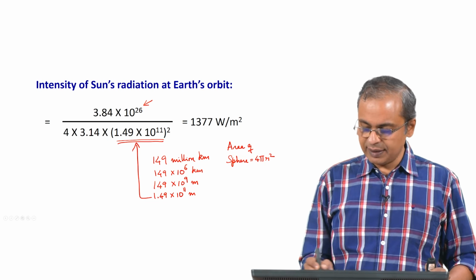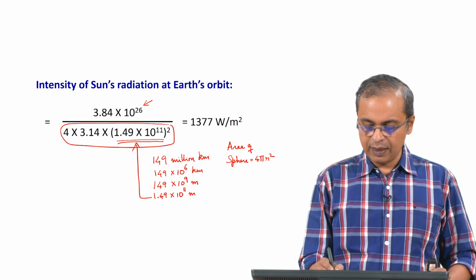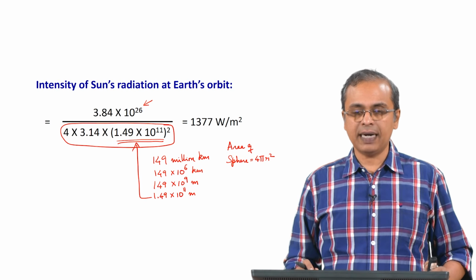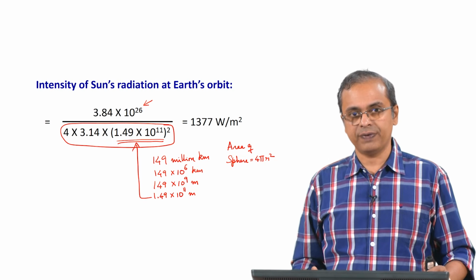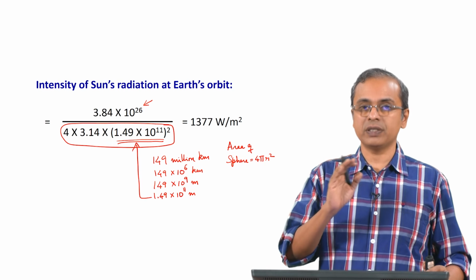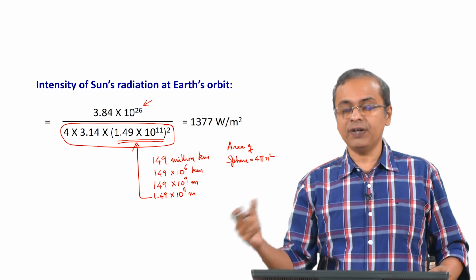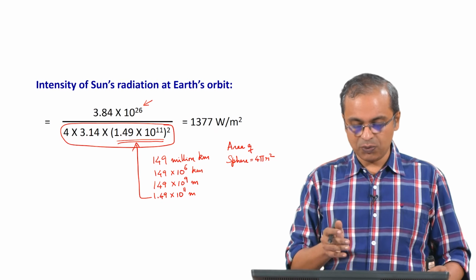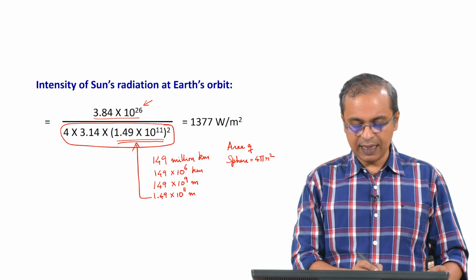So, the denominator is the area of that sphere, the sphere corresponding to Earth's orbit. If you have a large sphere the size of Earth's orbit, that is its area. Now, the energy that the sun is releasing every second, by the time it reaches Earth's orbit, is distributed across this entire sphere equally, that is the point, right. So, per meter square, what is that energy? That is what we are trying to get.